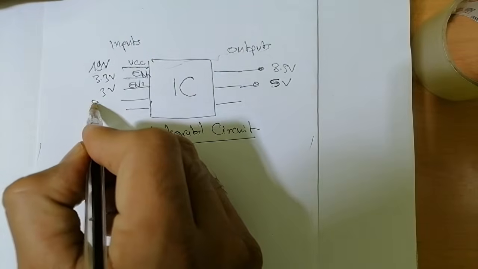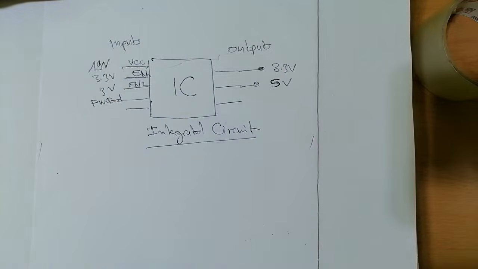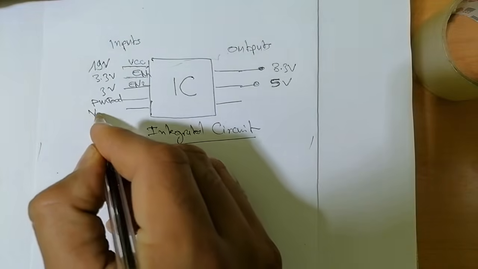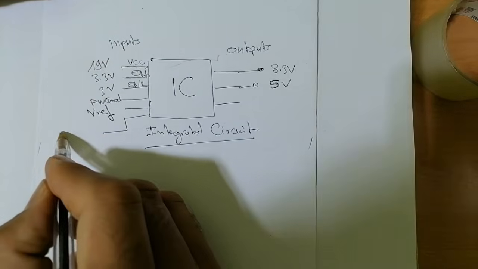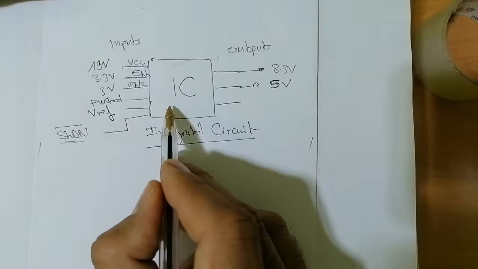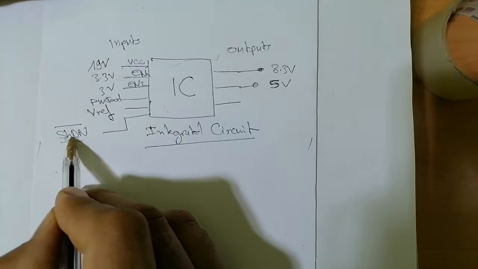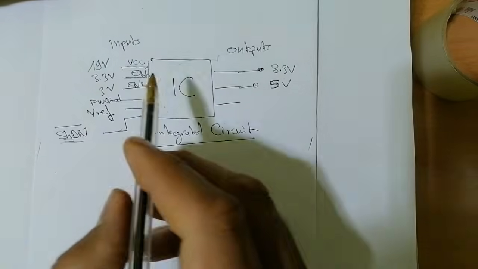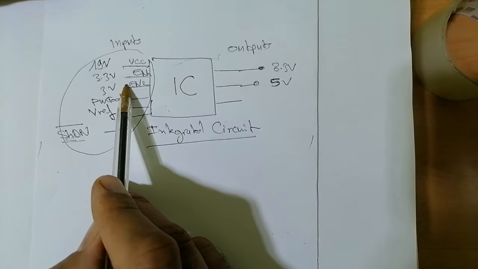Also, the IC needs the power good signal, and also other signals like V reference, and also other signals like the shutdown signal. Basically this signal is to protect the IC. When the IC becomes very hot, this signal will be activated and the IC will stop working. So all these signals and other signals are inputs.